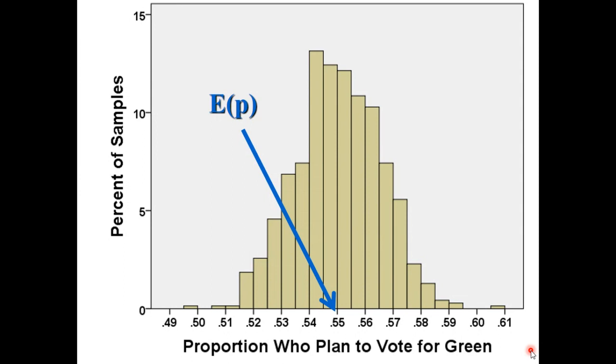If we just say the mean was 0.55, then it's unclear whether we're referring to the mean of the sample distribution, the mean of the population distribution, or the mean of the sampling distribution of p. So, to avoid confusion, these three different means are given different names. The mean of a sample is called p, the mean of a population is called pi, and the mean of a sampling distribution of p is called the expected value of p.